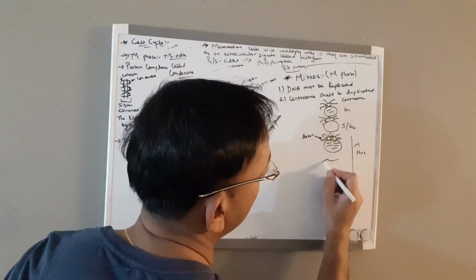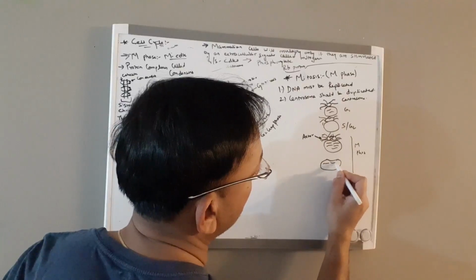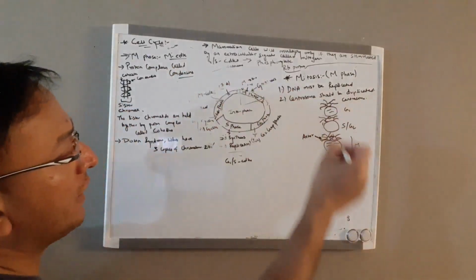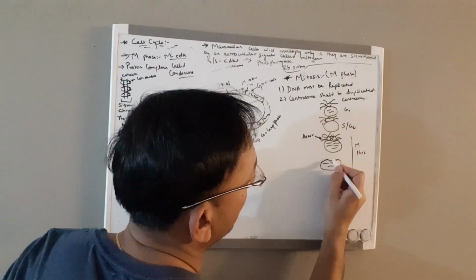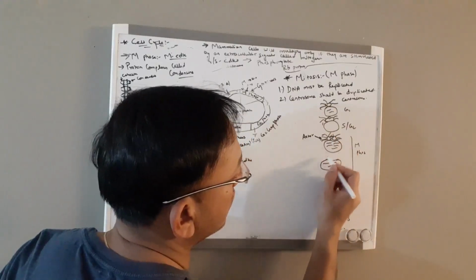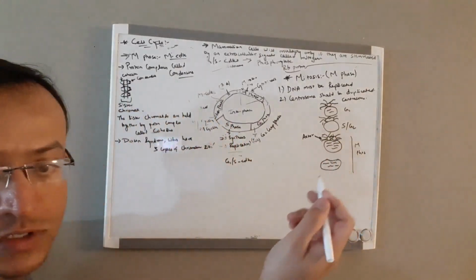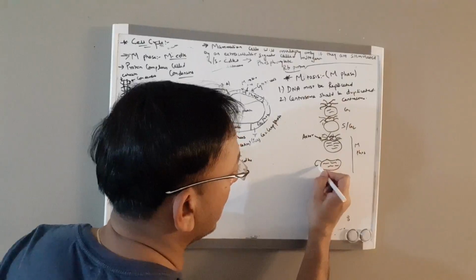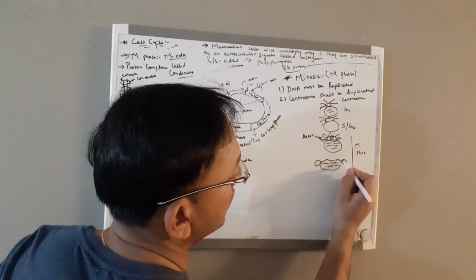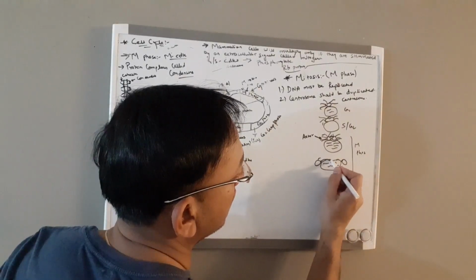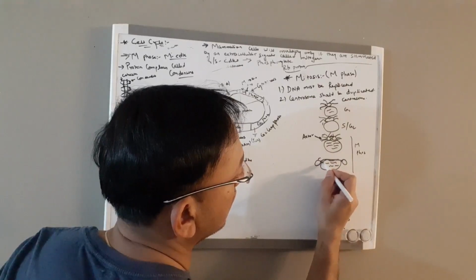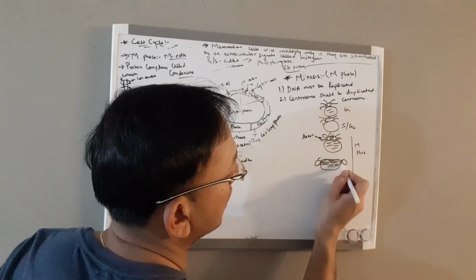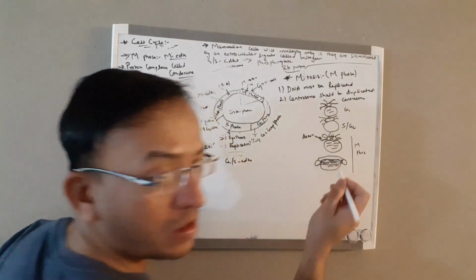Right, this has our sister chromatids and everything. And what will happen, I will just directly draw here, this one goes here, the centrosome, and this, right?